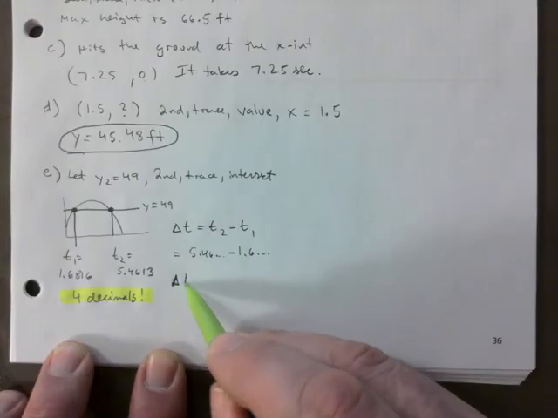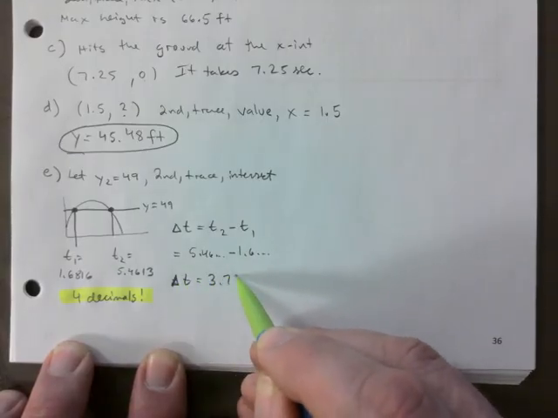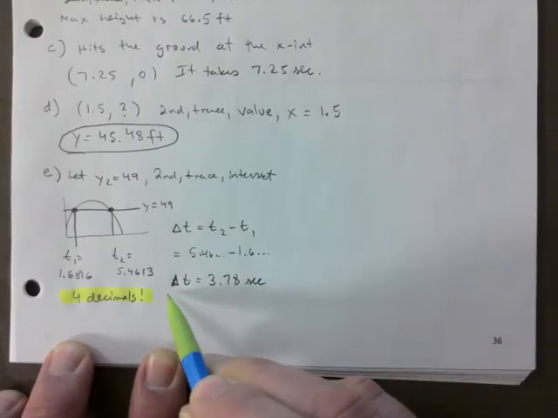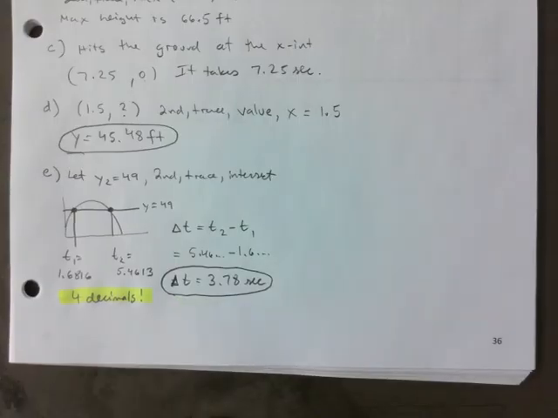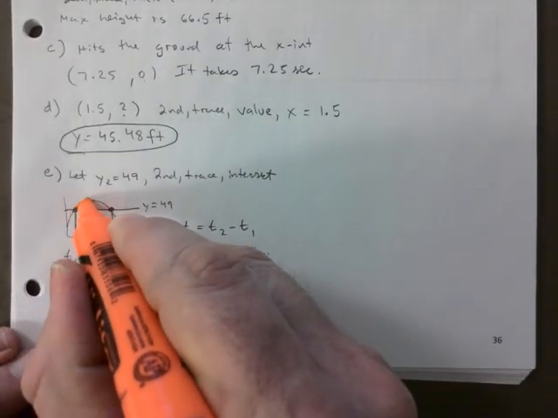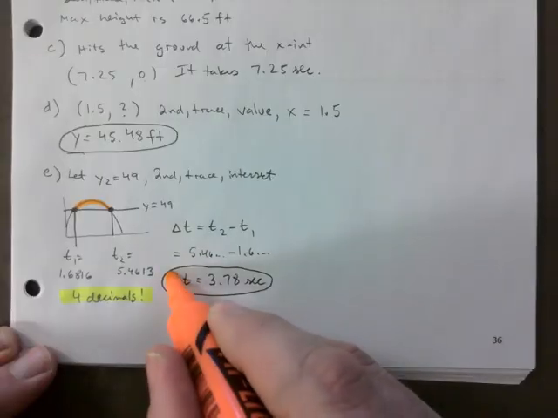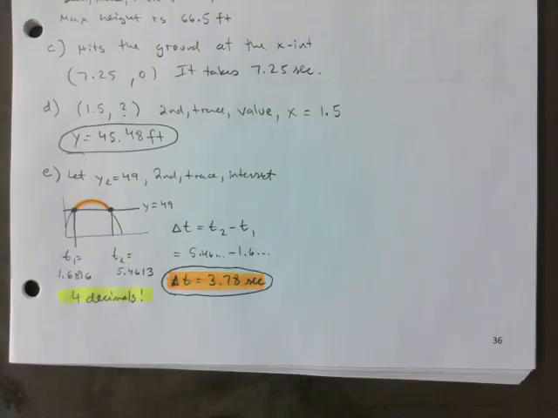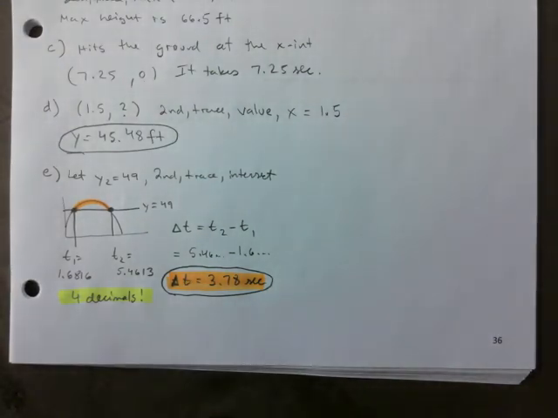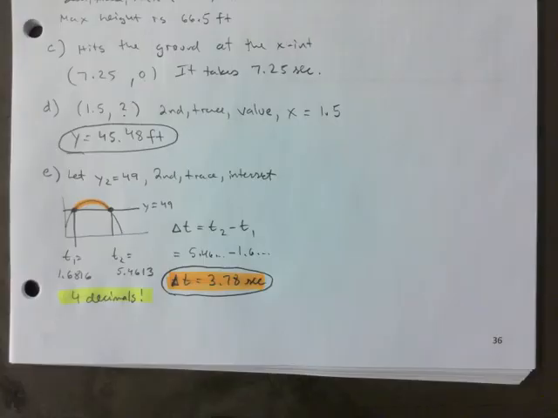So I'm going to go delta t is 3.78 seconds. Okay. This answers the question at or above. So if I highlight this, right, orange there, you found the time that the ball would spend above the 49-foot mark. Okay. We're going to graph it in a bit.